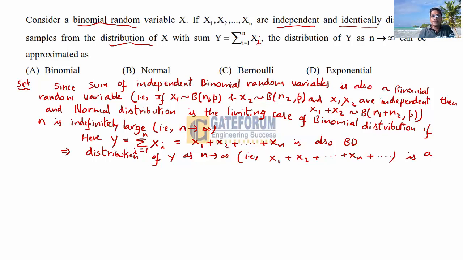Please underline. Y is a normal distribution.